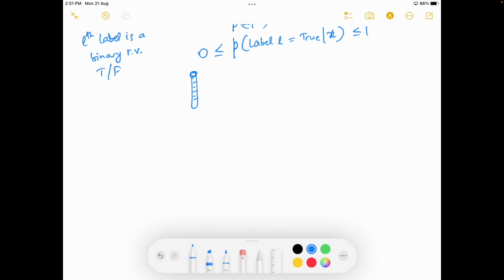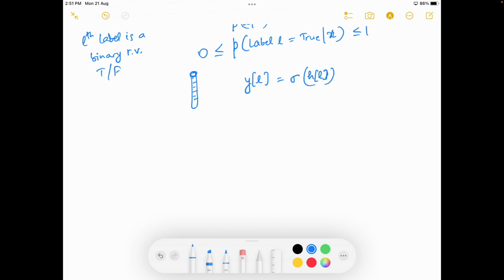How? Add 1 to it and then halve it. That could be another way. But let's use sigmoid, it's straightforward. So my y_L is simply sigmoid of h_L. That's it.